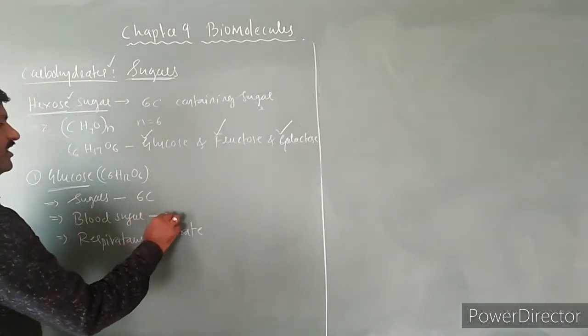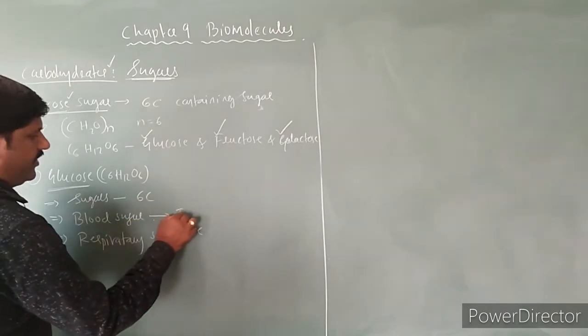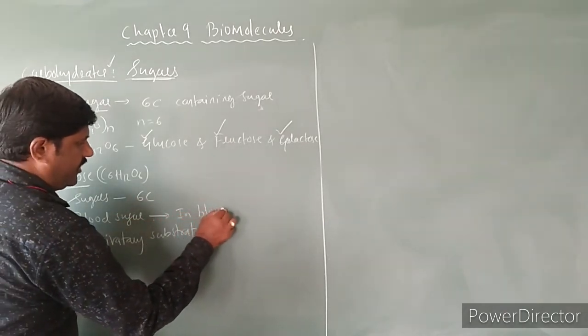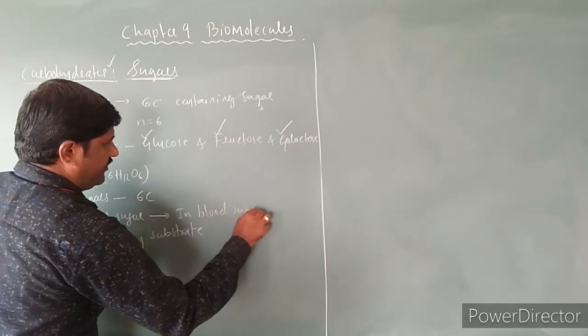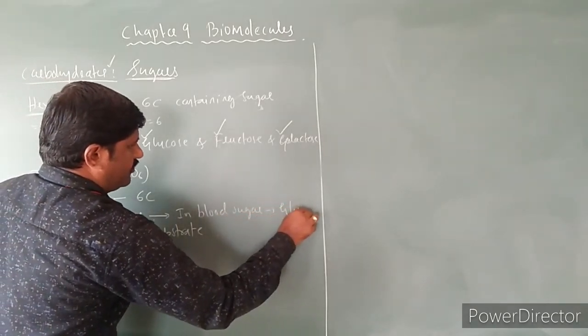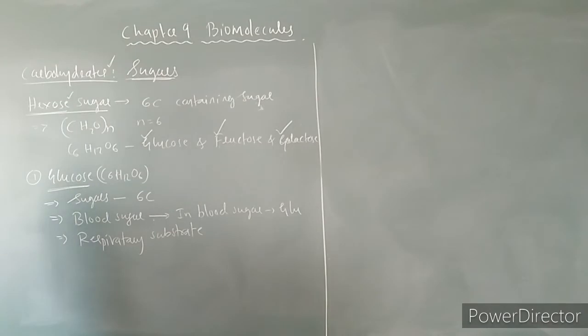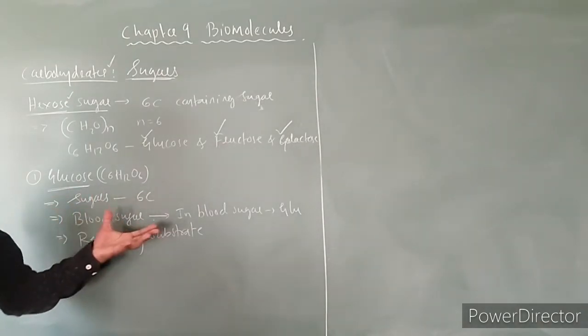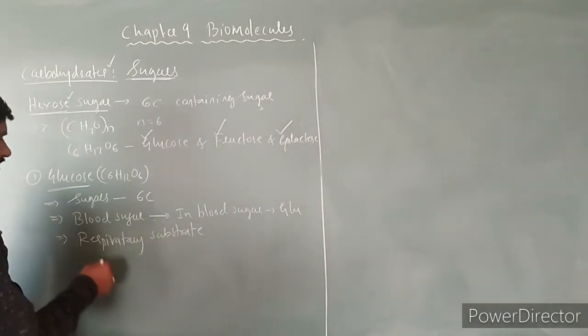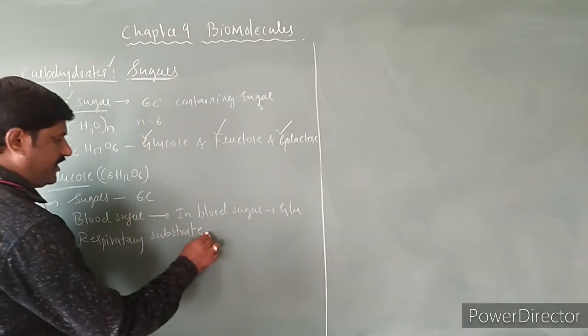Why is it called blood sugar? Because in blood, sugar will be in the form of glucose. So that's why it is called blood sugar, and you may have a blood sugar level checked. Why is it a respiratory substrate?